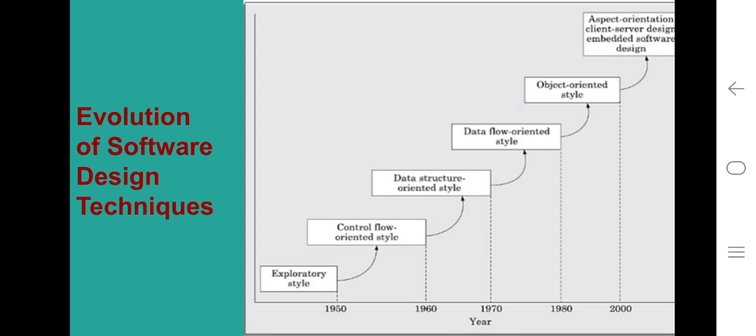Until now, with embedded software design, we are combining aspect orientation with two cases: one is client server design and the other is embedded software design. Likewise, we are evolving our software design techniques from the 1950s to 2000 plus years. Hope you have got an idea related to the evolution of software design techniques.